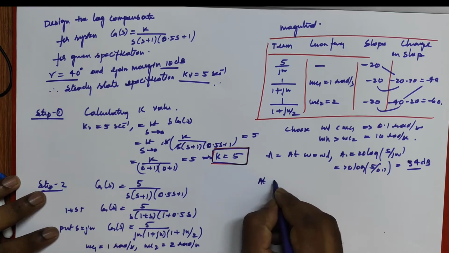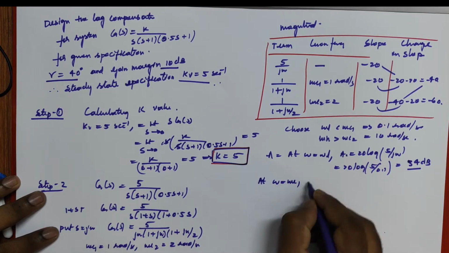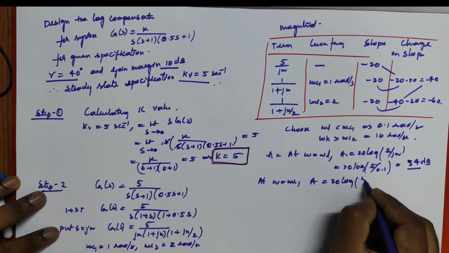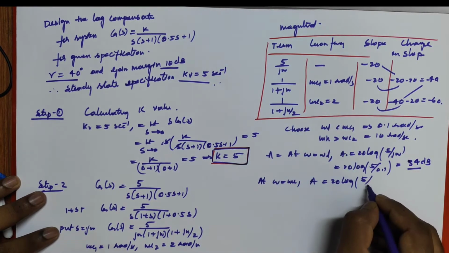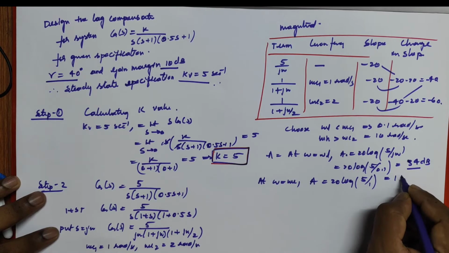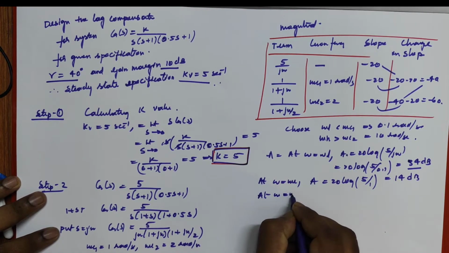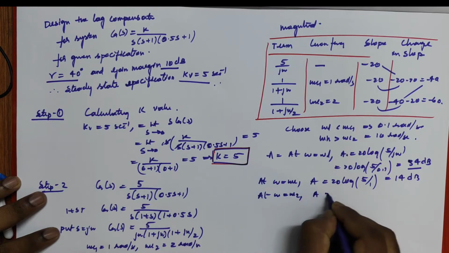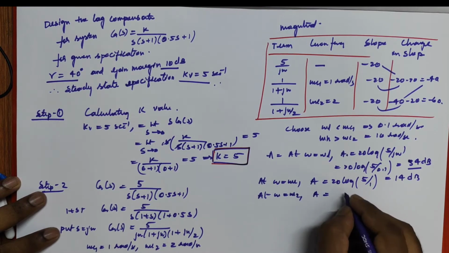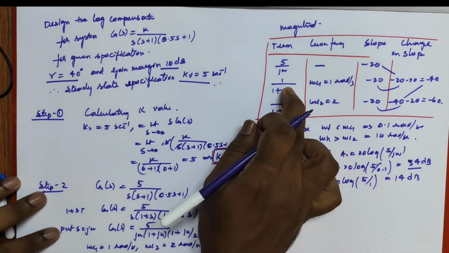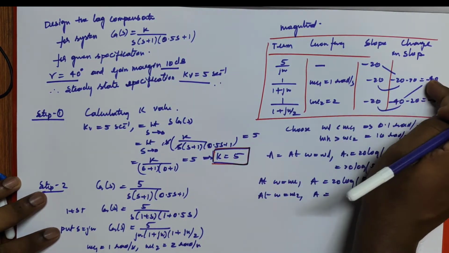Now at omega equal to omega c1, I got A equal to 20 log of 5 by omega c1, which is 1, so I obtain 14 dB. Now at omega equal to omega c2, the slope changes. From the first term to the second term there is no change, but from this term to the next there is a change of minus 20 dB.